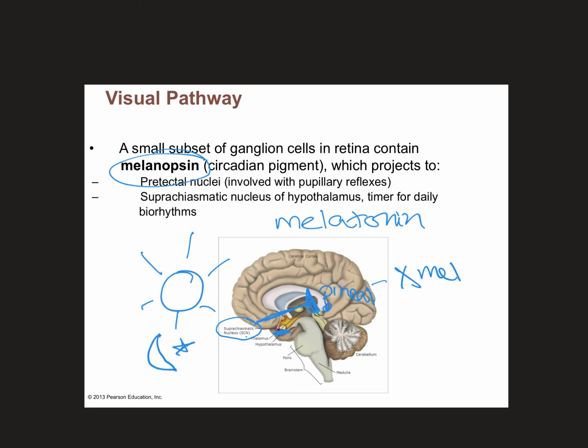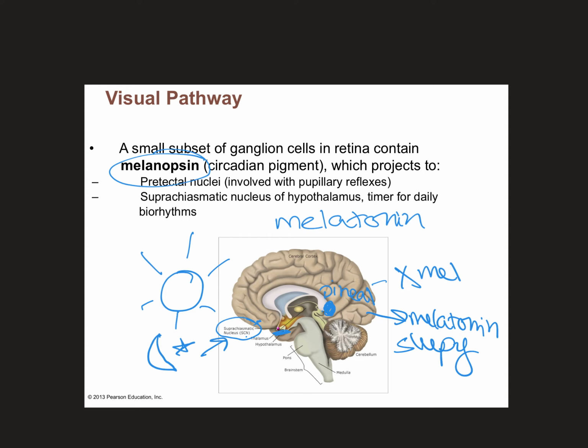When that happens, the suprachiasmatic nucleus no longer has that inhibitory signal to the pineal gland, which means it is dark. We don't have any inhibition, so the pineal gland is going to make melatonin. And when it makes melatonin, that makes you sleepy. Melatonin equals sleepy.